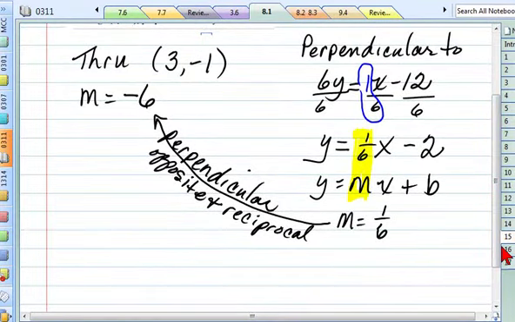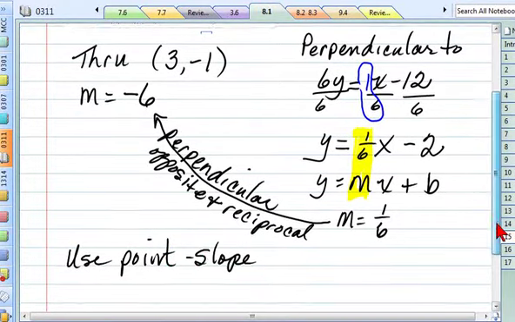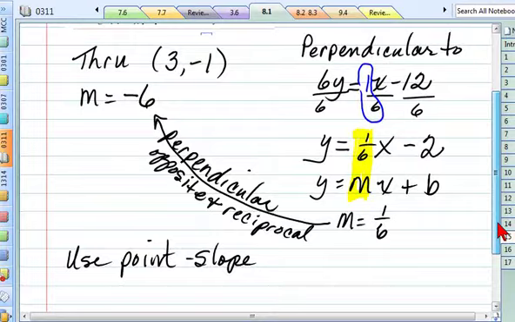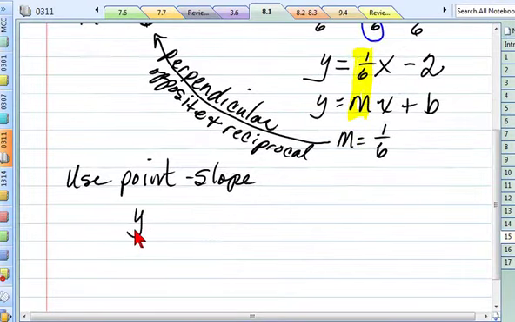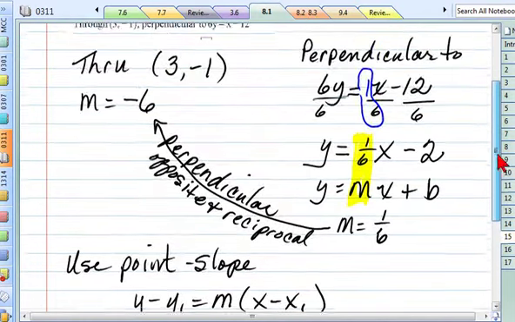So part 1 again was finding the slope. Part 2, what do I have? Yes, I'm going to use again point slope because that's what I have. So pushing that out of sight for just a minute. I need to use y - y1 = m(x - x1). So it's y. Let's go back up.